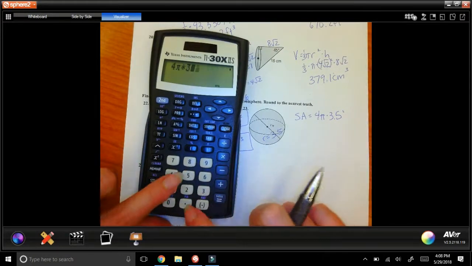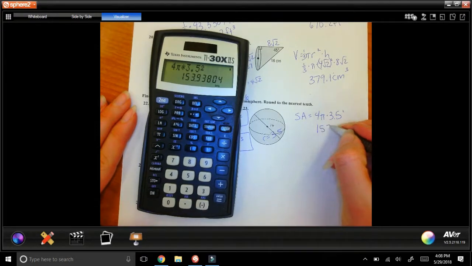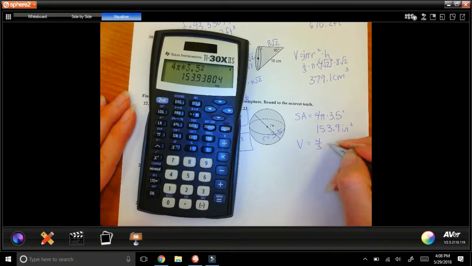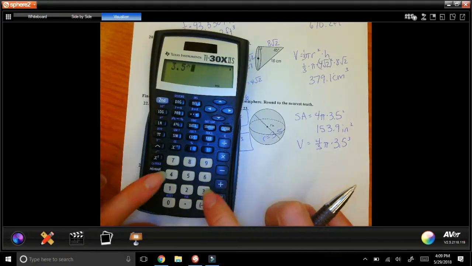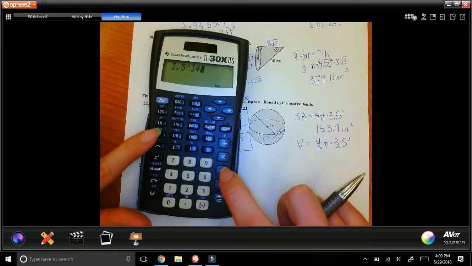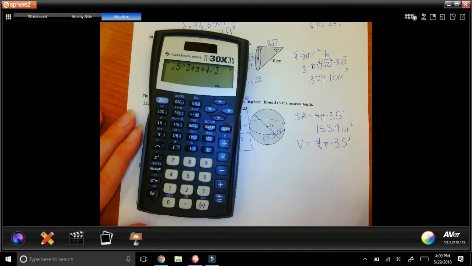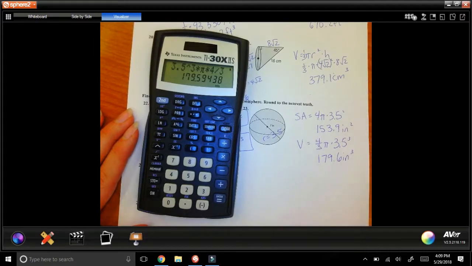So 4 pi times 3.5 squared is 153.9 square inches. Volume is 4/3 pi times the radius cubed. So I always like to start with the cube stuff for some reason. The volume is 179.6, and that's cubic inches.